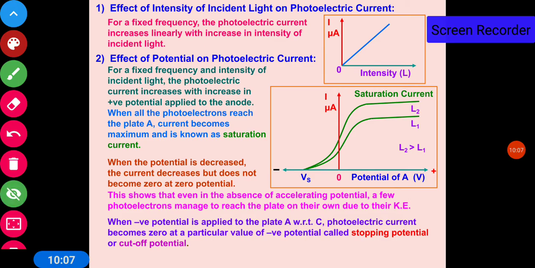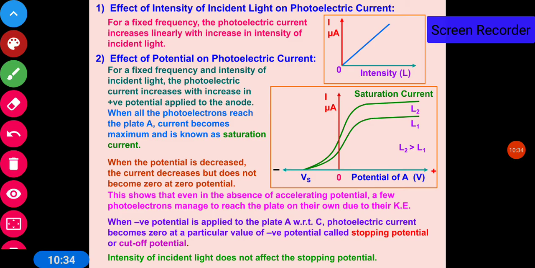It is called cutoff potential because at this value the photocurrent is totally cut off, or has become zero.